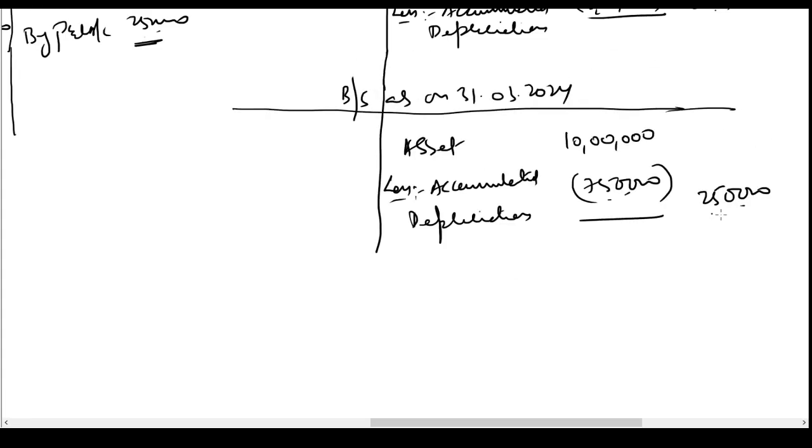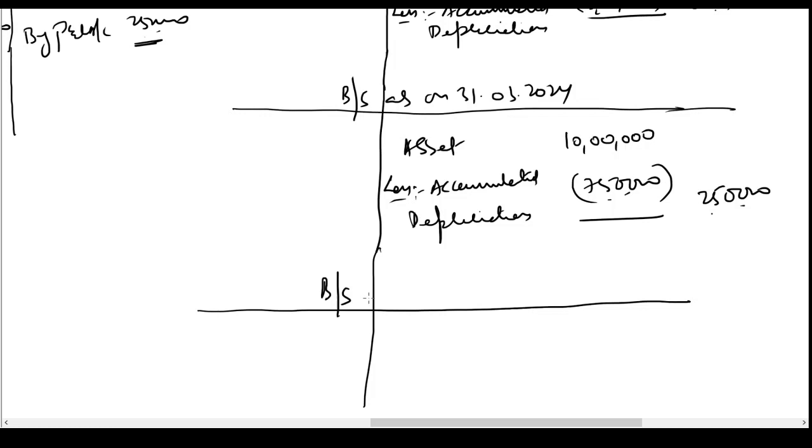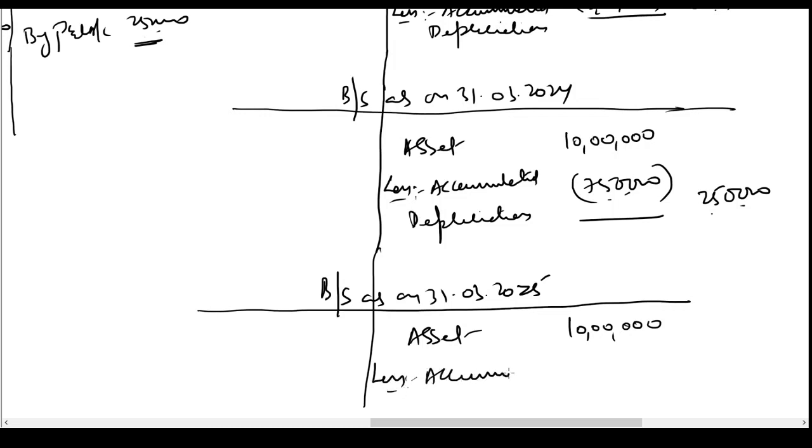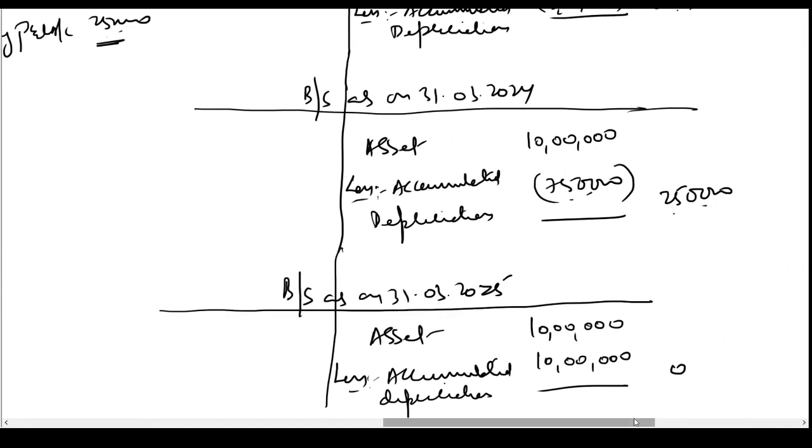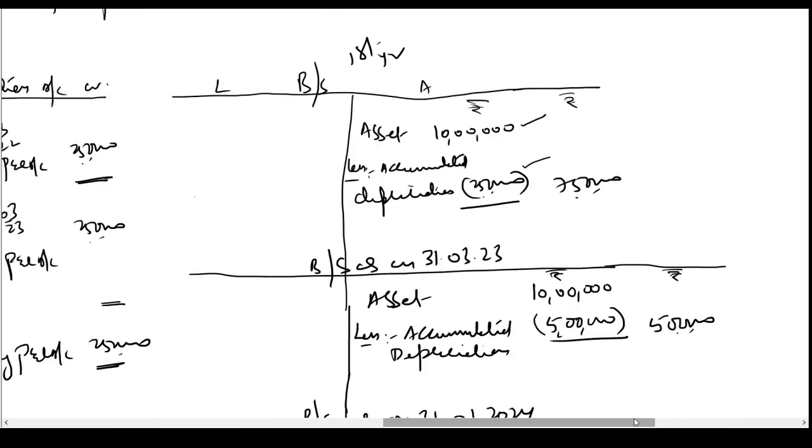Now same way, if I prepare the balance sheet as on 31st March 25, that is the end of the life of the asset, asset would be showing 10 lakhs less accumulated depreciation, 10 lakh rupees. The written down value would be 0. Okay. So this is how we'll show it in the balance sheet for the life of the asset.